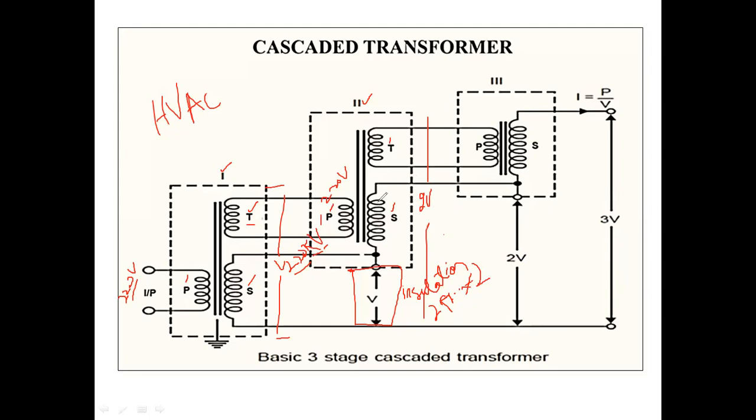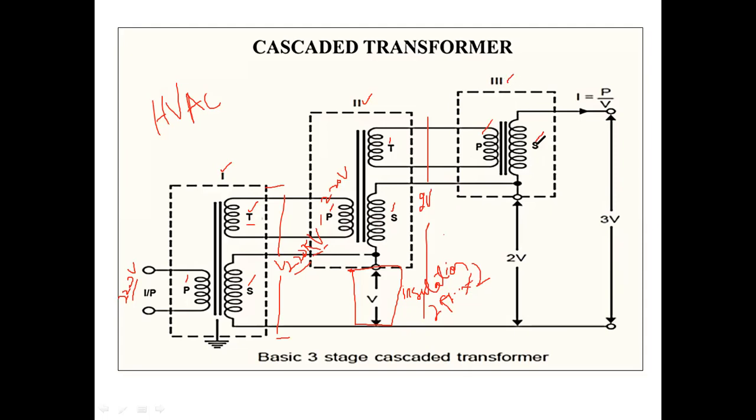Again we will apply the same procedure in the third transformer as well. The tertiary of the second transformer's winding will act as the primary winding for transformer 3, and we will have the secondary winding of this transformer 3.